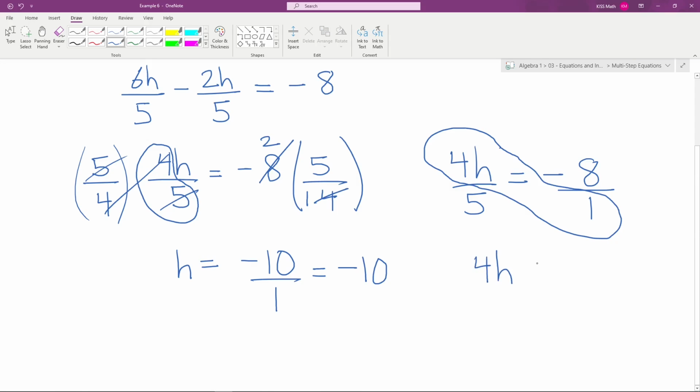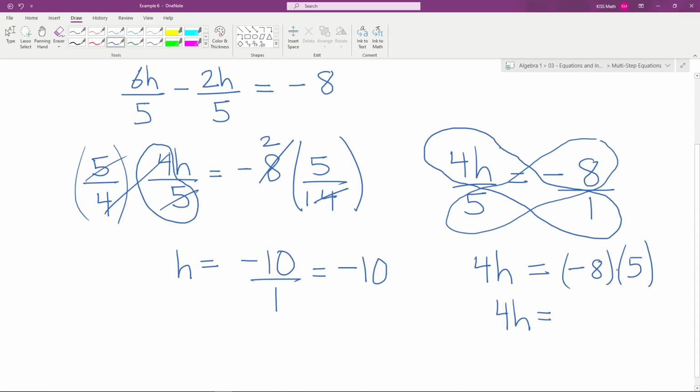Put that on one side. And you say equals the product of this other diagonal, which is -8 times 5. And so you would get 4h equals -40. And divide off the 4, you would get h equals -10. Again, we get the same answer, just kind of a different way, maybe a quicker way to do it using cross multiplication.